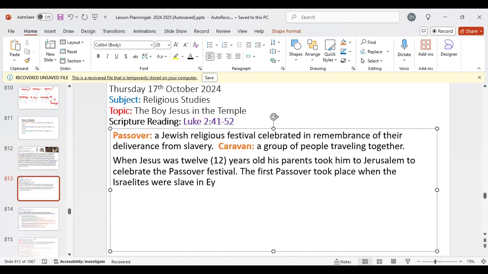And how long were they slaves in Egypt? Anyone know? How long were the Israelite slaves in Egypt? Y'all know? 6 months? I wish. I wish it was 14 years. 1,000 years? You trying to kill someone? 147 years?